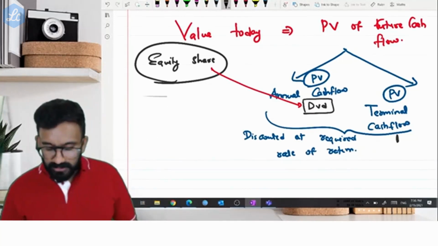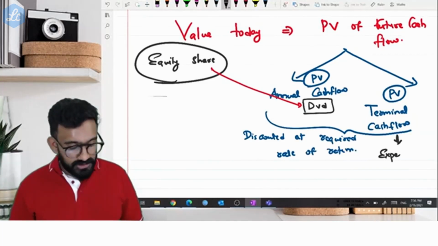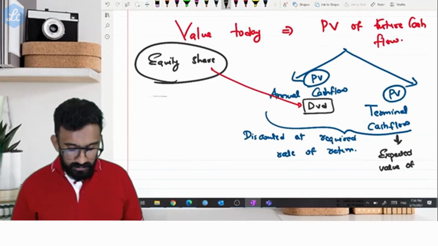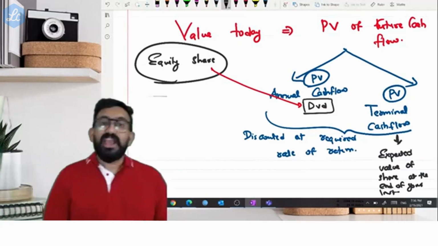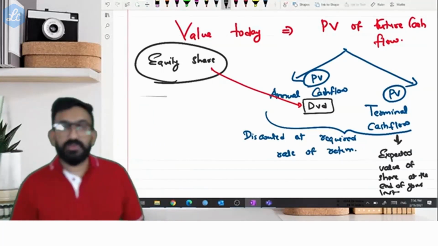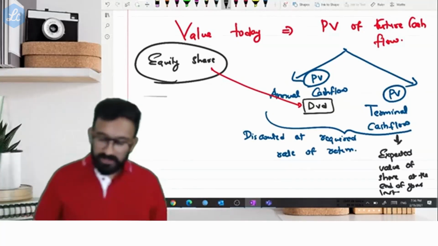And what do you mean by terminal cash flow? It is the expected value of shares at the end of your investment cycle. Say I'm going to invest for 5 years. So what is going to be the expected share value at the end of 5 years? Okay, this is how you will compute it.